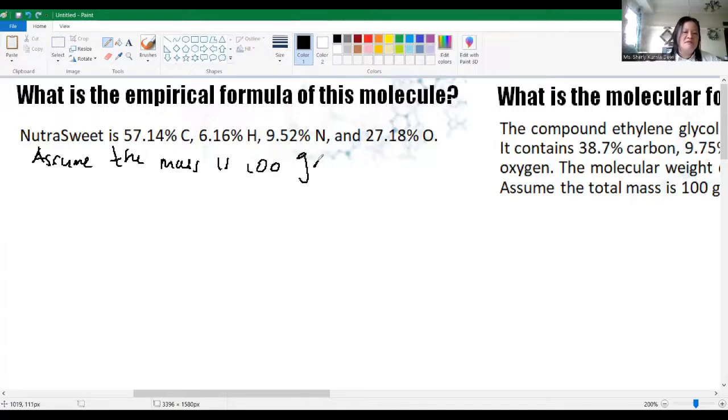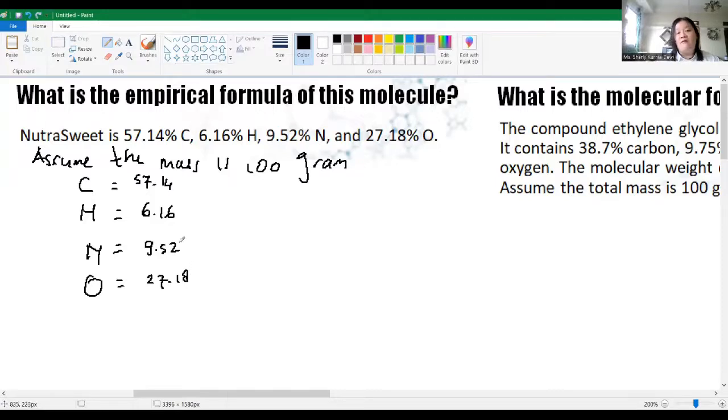So there is carbon, hydrogen, nitrogen, and oxygen: 57.14 gram of carbon, assuming it's 100 gram, and then 6.16 gram of hydrogen, 9.52 gram of nitrogen, and 27.80 gram of oxygen.